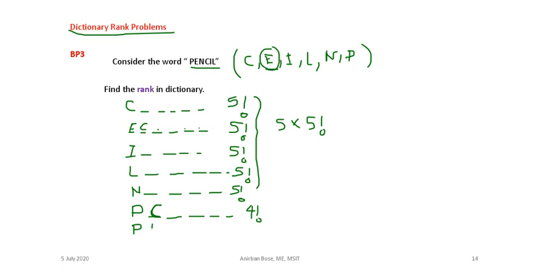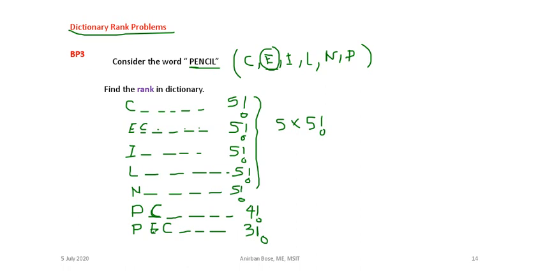Definitely next it will start with E. So PE, remember in our PENCIL it also starts with PE. So after PE, again the letters will start from C, and these 3 places will be filled by all possible cases. So in how many ways can this be done? In 3 factorial ways.